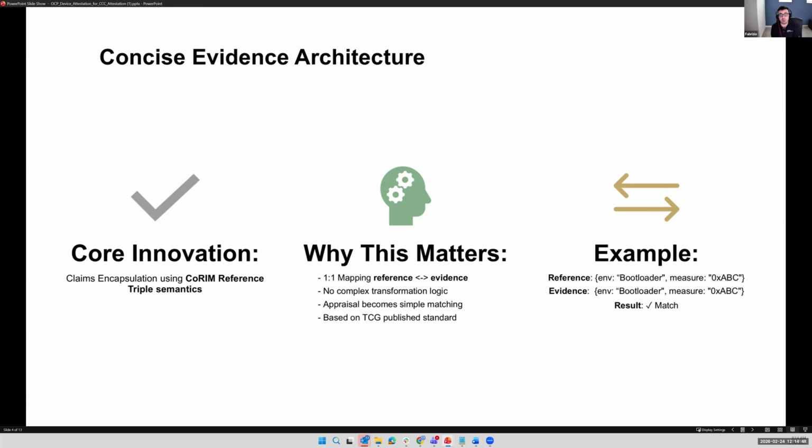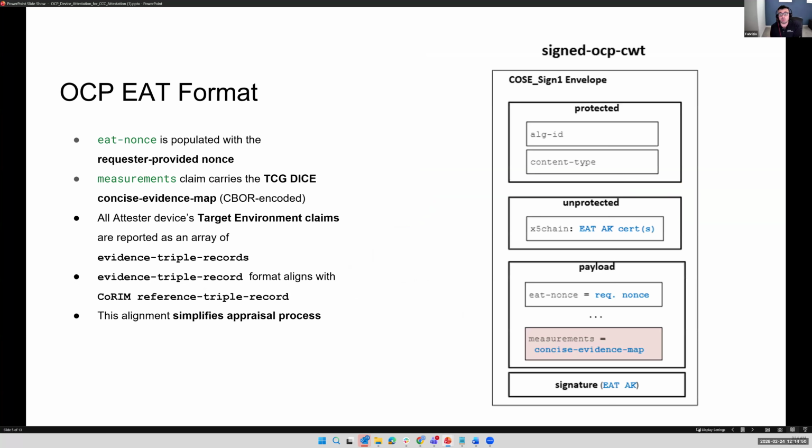makes this concise evidence schema powerful. So what we did here with the EAT format, basically the OCP EAT format, as you can see, we encapsulate this concise evidence into the measurement map with a signature.